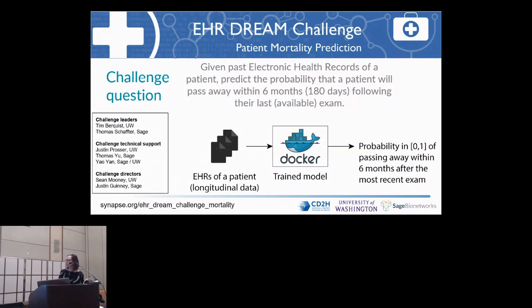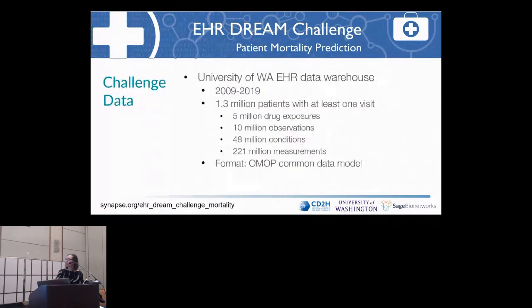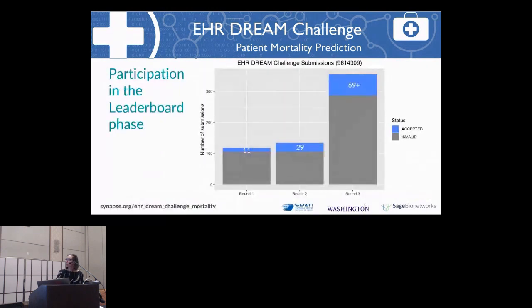Basically, EHR is the patient data, we have the longitudinal data, we have the trained model, and then a probability outcome. We had a decade of data warehouse data with 1.3 million patients that had at least one visit, drug exposures, observations, conditions, measurements in the OMOP data model. Again, that's the model we've been using in the N3C.